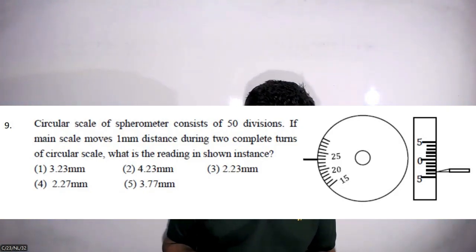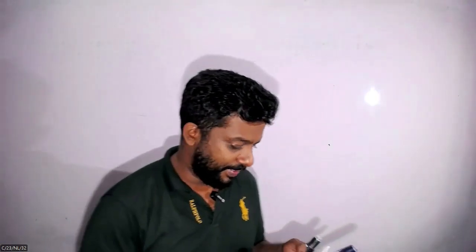Read the question. The circular scale of a spherometer consists of 50 divisions. If the circular scale moves 1 millimeter distance during 2 complete turns of the circular scale, then you can find the pitch. To move 1 millimeter it should complete 2 revolutions.